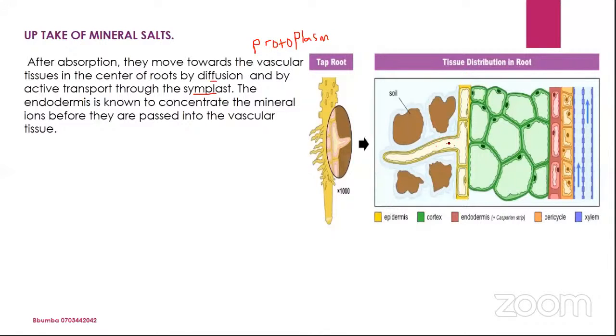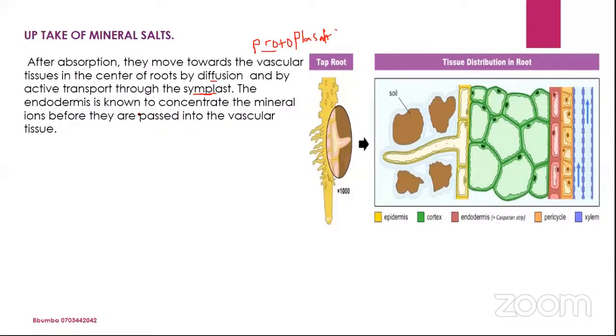The living contents are normally surrounded by the cell membrane, and they are in the cytoplasm. That's why this is taken through the cytoplasm, because that's where the living contents of the cells are, all just through the protoplasm or protoplasts.